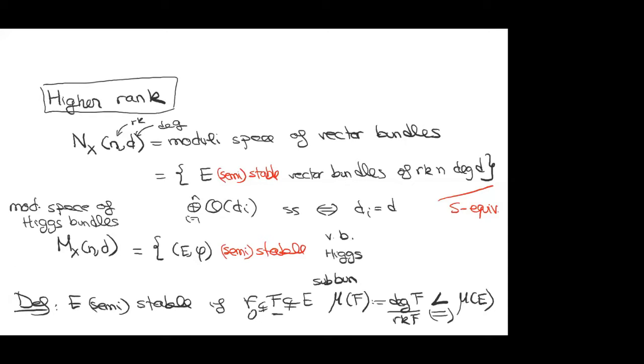So in the case of rank 1, this was just a holomorphic one form. But here it's a holomorphic section of the endomorphism bundle of E, tensored by the canonical. Right? So in the case of a line bundle, this is just a trivial bundle. This is why we only get holomorphic one forms. And again, we quotient by S-equivalence.